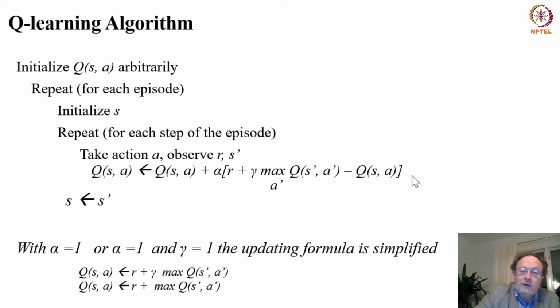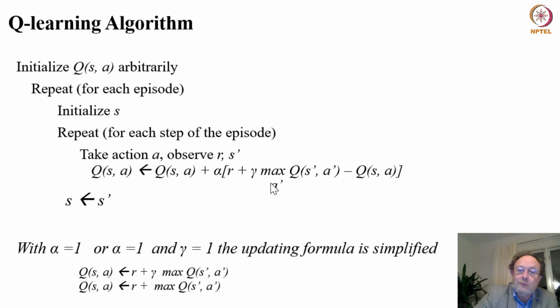The central formula is that you take the old value and then add an expression which is the sum of the reward for taking that step and the discounted max value of the Q value for the next state we come to.